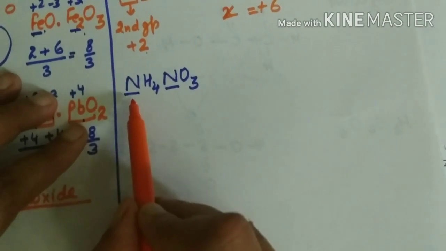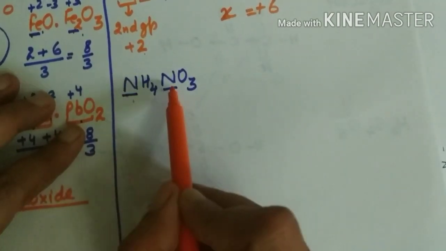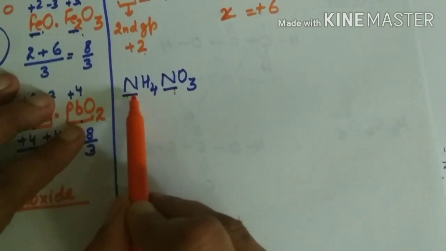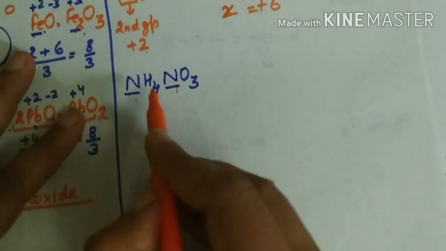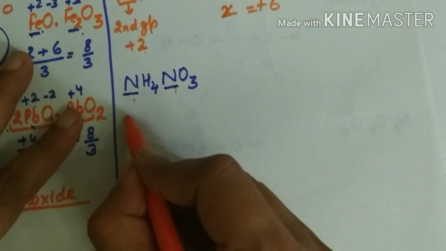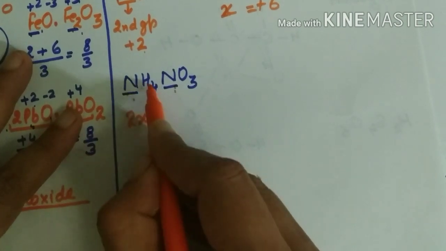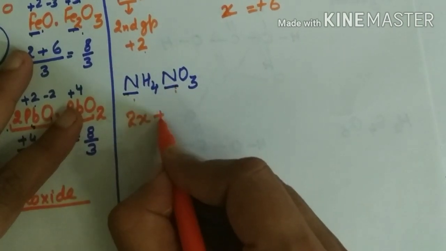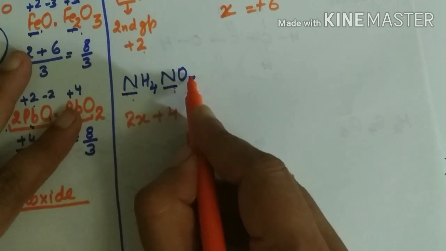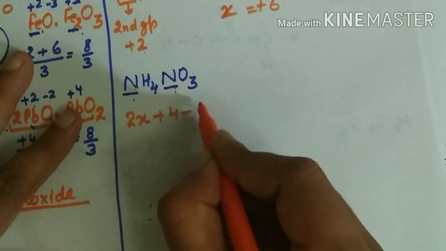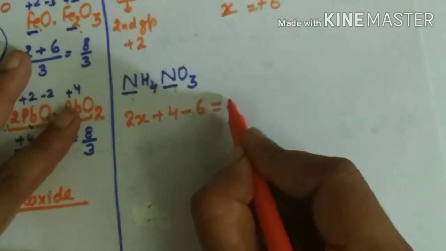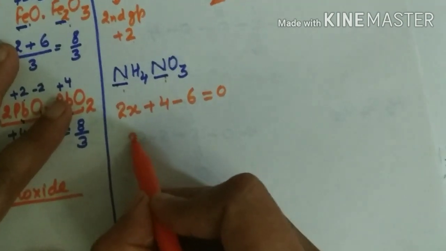Now next we see there are two nitrogen atoms in NH4NO3. If we take the average method, we can use this approach: 2x plus 4 because hydrogen is +1, minus 6 for oxygen, is equal to 0.